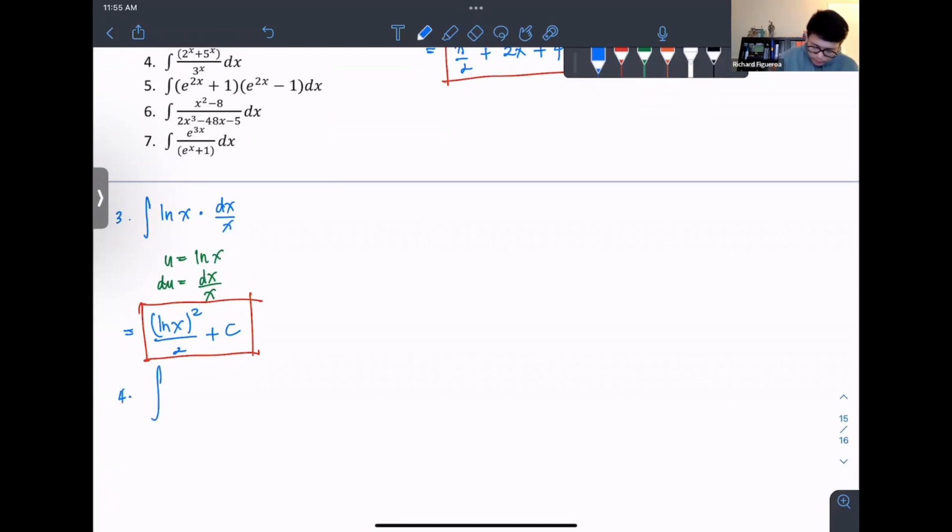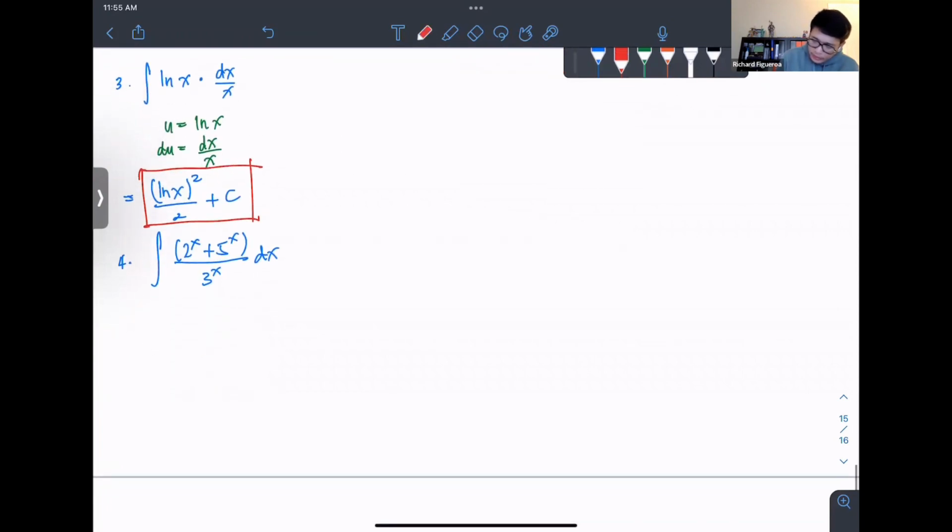Number 4, we have 2 raised to x plus 5 raised to x all over 3 raised to x dx. So again, remember our rule, if we have a all over b raised to n, that's the same as a raised to n all over b raised to n. And we can do this one here as well.